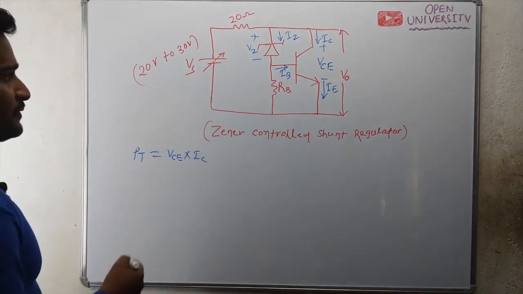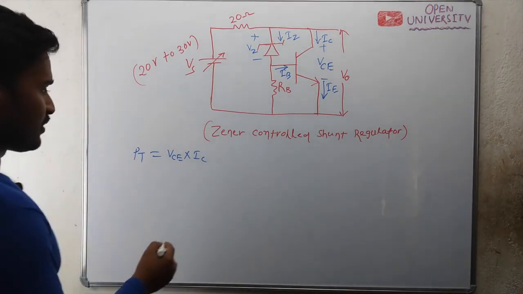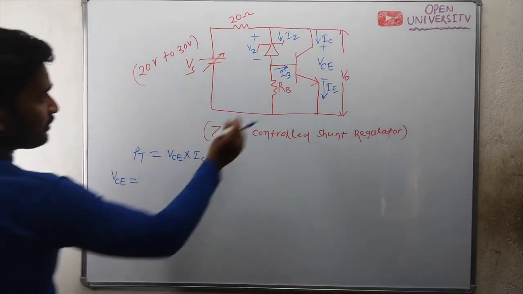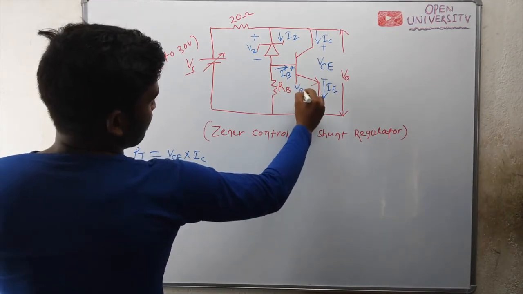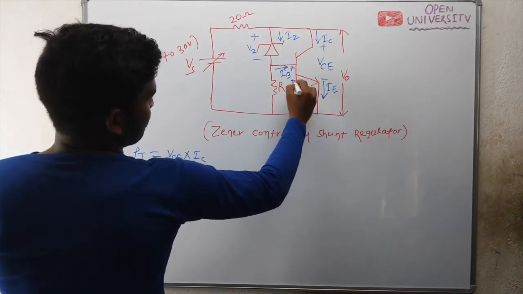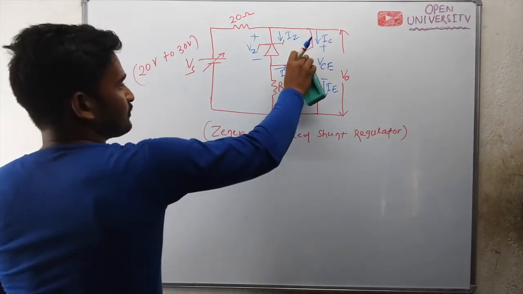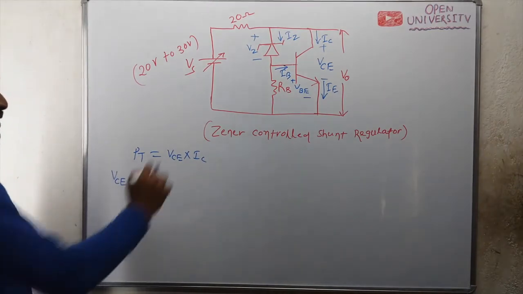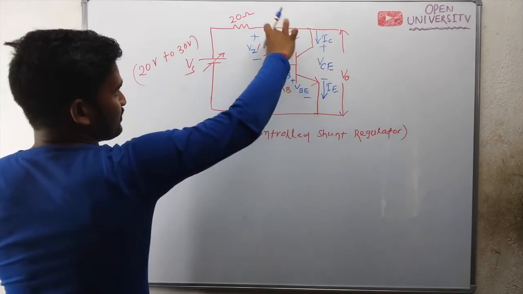How to get VC? This is your VB. So VC equals this voltage plus VZ.